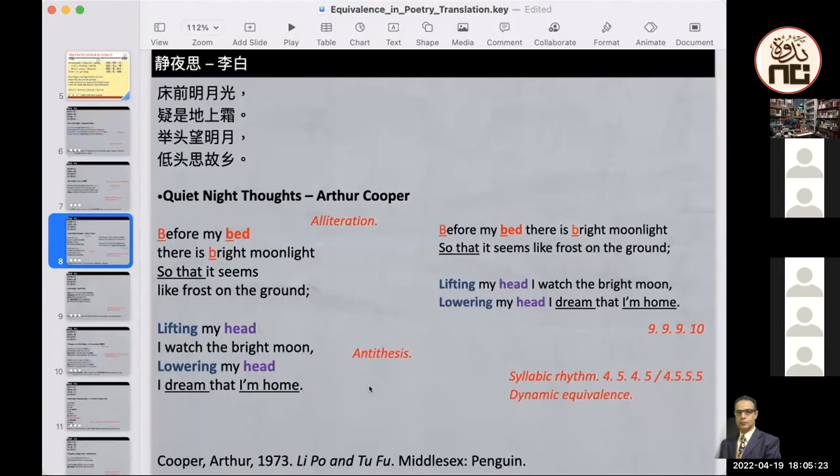This is called syllabic rhythm because the number of syllables is almost the same, very close. You can also write it this way: Before my bed there is bright moonlight, so that it seems like frost on the ground. Lifting my head I watch the bright moon, lowering my head I dream that I'm home. But he preferred, I have his book, to translate it in 2 stanzas.